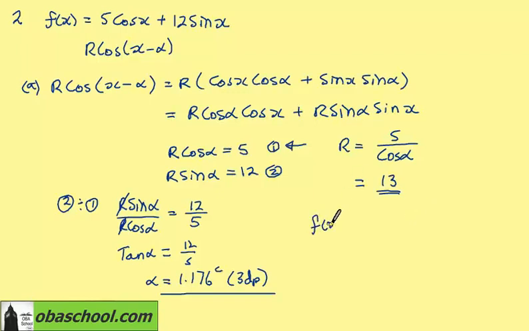Therefore, our function f of x, this function here, is equal to 13 cos(x minus 1.176 radians).